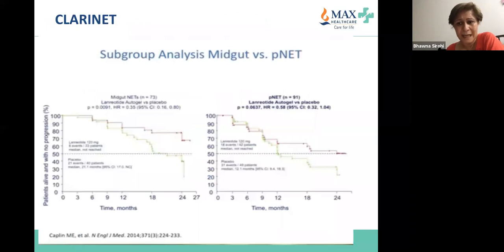The subgroup analysis of CLARINET, when they looked at midgut and pancreatic NET, showed that the benefit was coming more from the midgut neuroendocrine tumors. The hazard ratio was 0.35 here versus 0.58 in pancreatic.